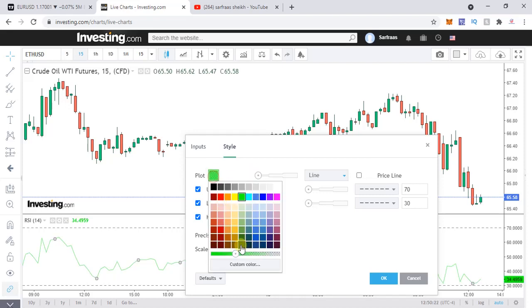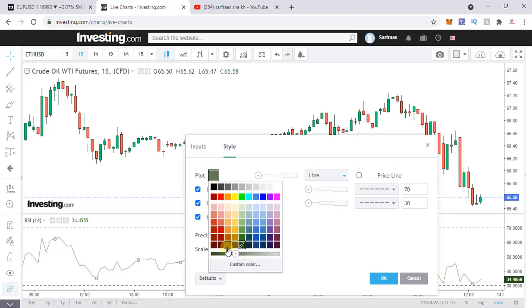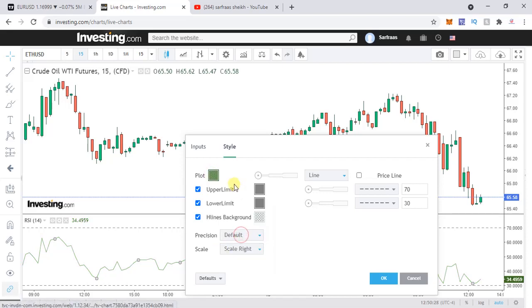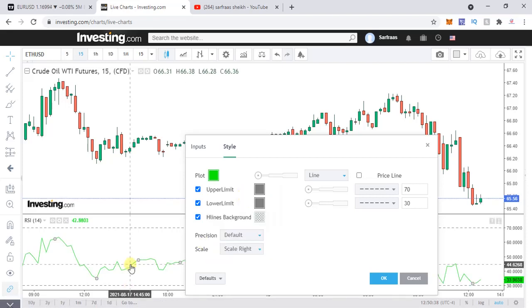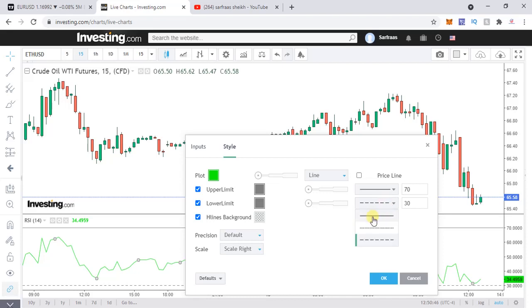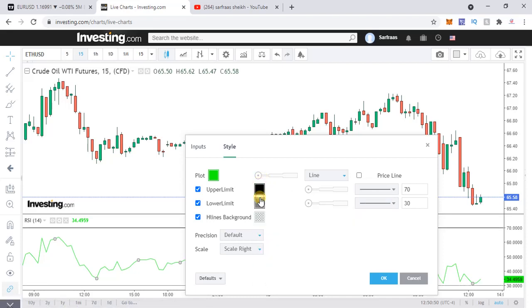Let's make it darker. Okay, so this is green, and I'll make these full lines, and let's make it black so it's more visible.